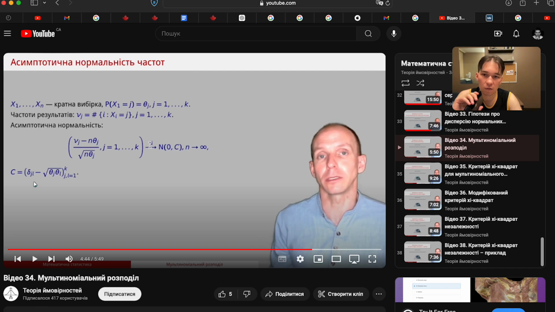And he's saying that this vector converges weakly, by distribution, to a normally distributed vector with mean 0 and covariance matrix C, which is this.